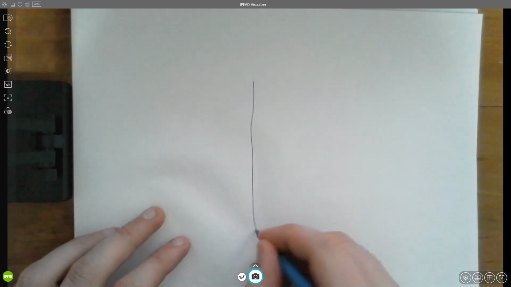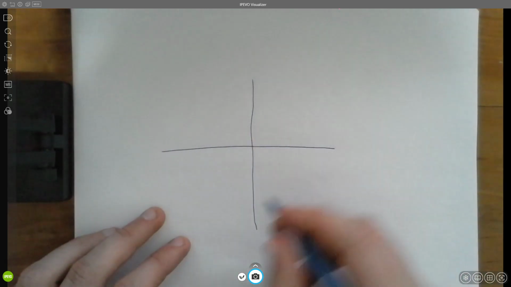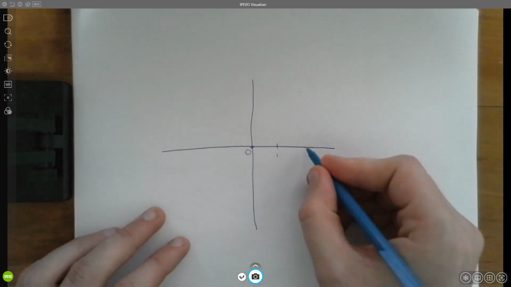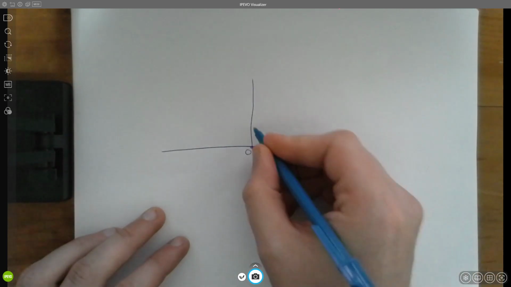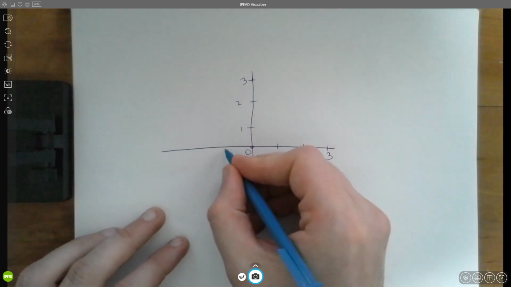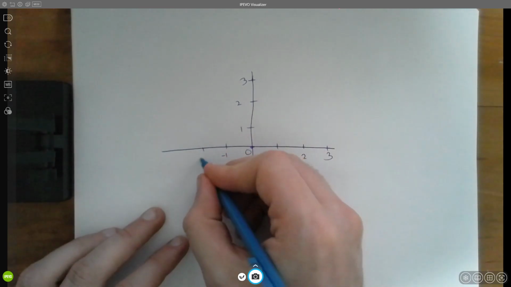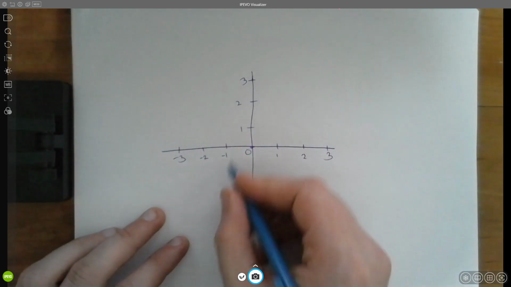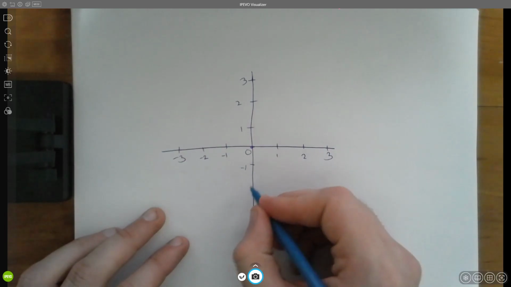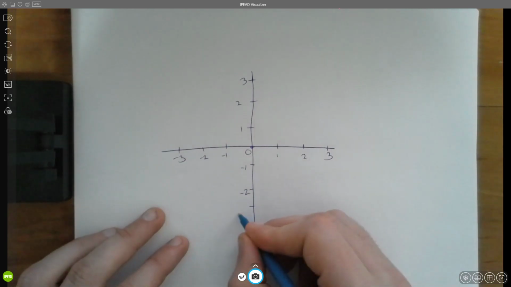So for our example question, and we only have one of them, we are given a Cartesian plane that has 0 here in the middle. It goes 1, 2, 3, 1, 2, 3, -1, -1, -2, -3. Remember, we're negative because we're left of that line, and here also we're negative because we're below it. -3.